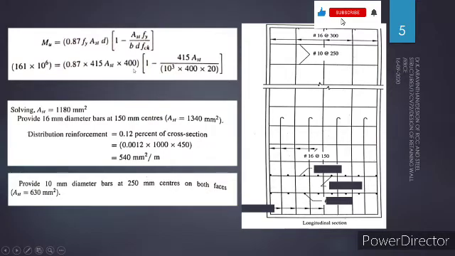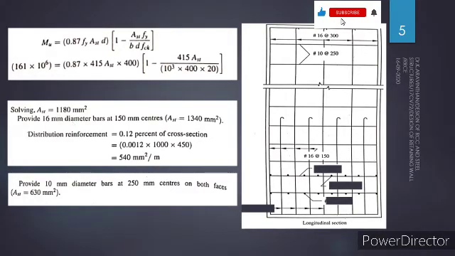The overall depth we have considered is 450, and the effective depth after cover we are considering as 400. So Ast has to be found out, with d as 400 and b as 1000 mm, which is 1 meter. If you simplify this, you will be getting required Ast as 1180 mm square.